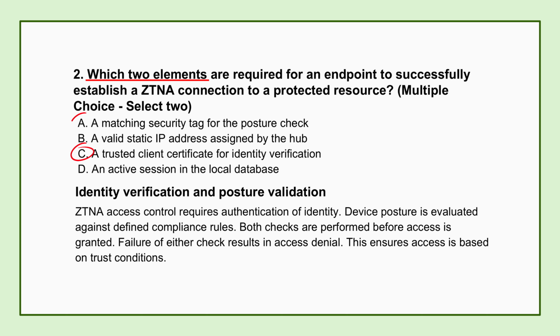So you need both keys to open the door, the compliant device tag and that trusted client cert. Absolutely. If you try to connect without that client certificate, even if your laptop is perfectly patched, you're dead in the water. It turns a simple username and password check into this 3-part verification: compliant device, authenticated user, and cryptographically verified identity.